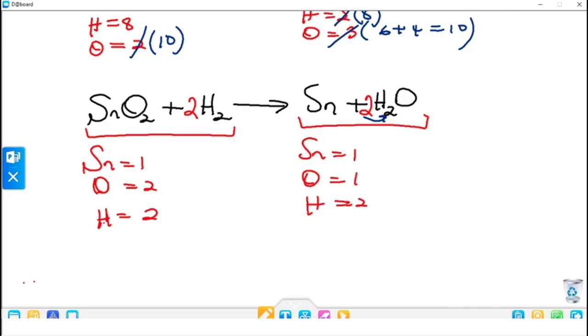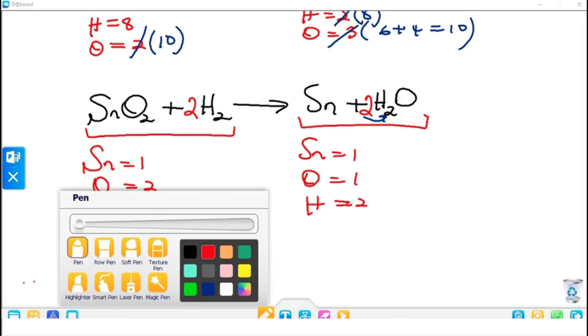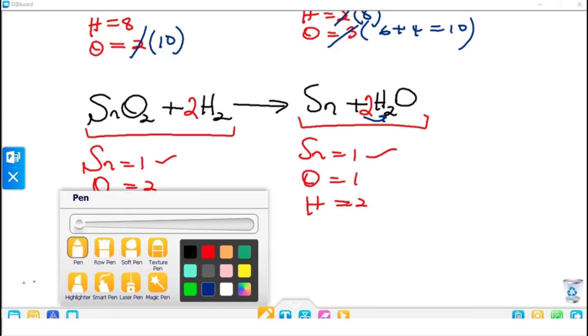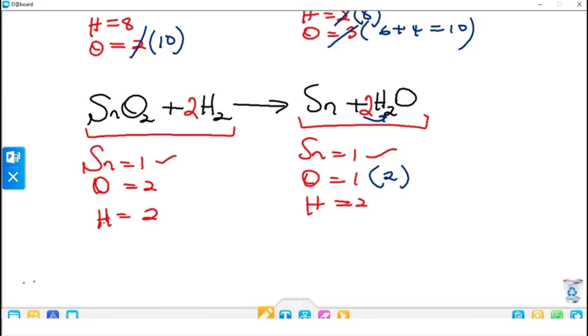So, in a nutshell, all species must be balanced before we call it quits in any chemical equation. Looking at what we have on the screen now, tin is 1 at the left and 1 at the right, so tin is balanced. Oxygen is 2 at the left and it is now 2 at the right. So oxygen also is balanced.